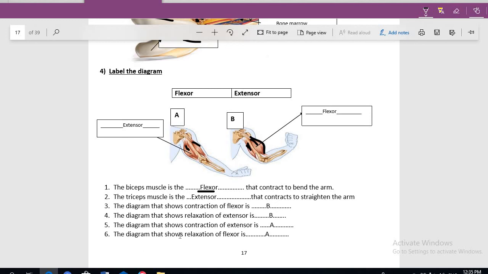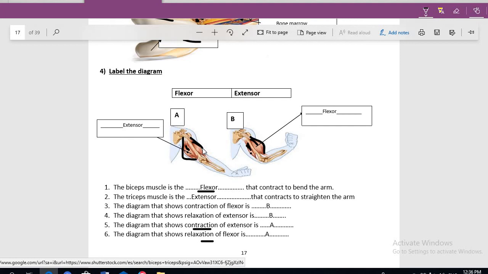The diagram that shows contraction of the extensor, this one or this one? This one, contraction. The diagram that shows relaxation of the flexor or biceps is A, relax, to straighten your arm.